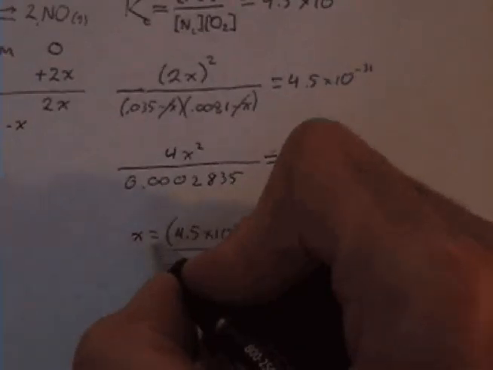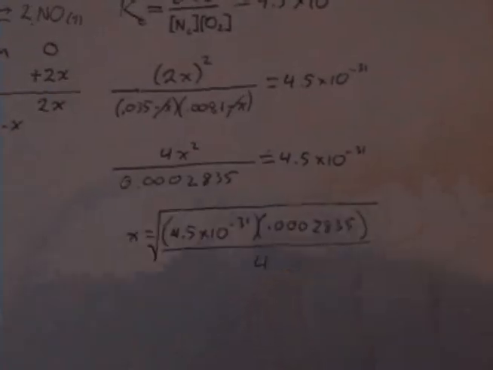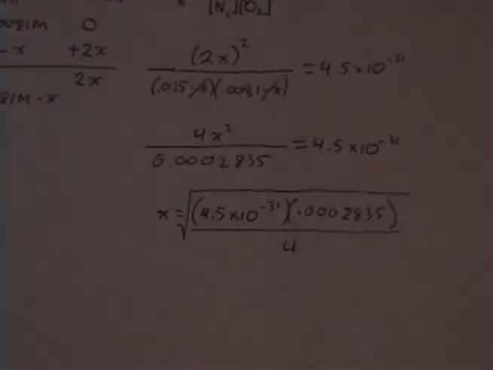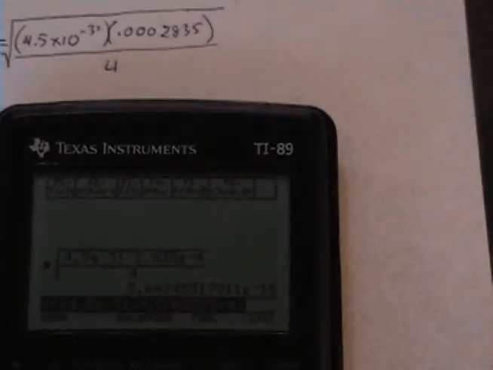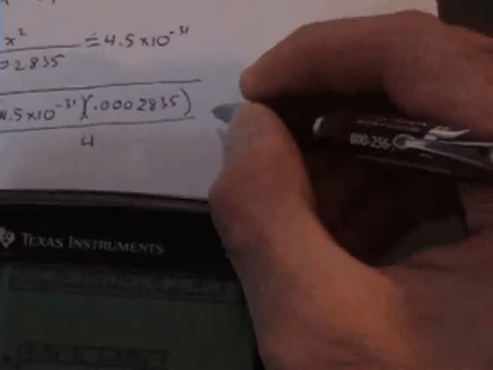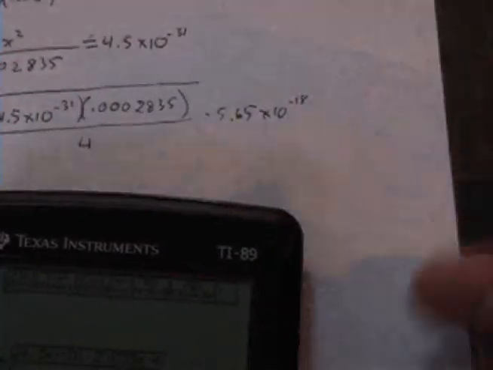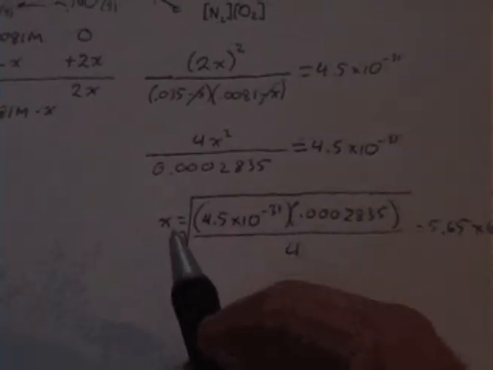It's just a matter of plugging those values into the calculator, and what I end up with is 5.65 times 10 to the negative 18th. That is my value for x.